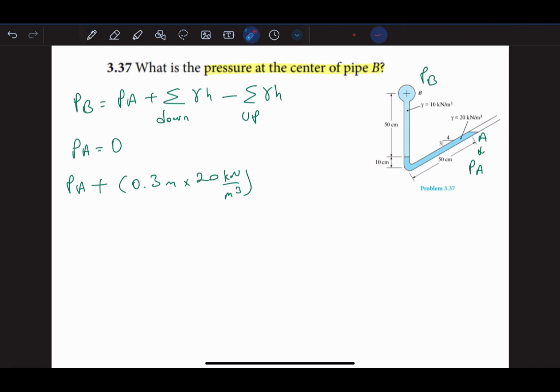And now we are going up, and we have this small portion of the first fluid, but since we are going up, it will take minus, and it is 10 centimeter, which is 0.1 meters times, again, since it is still the same fluid, it will be 20.